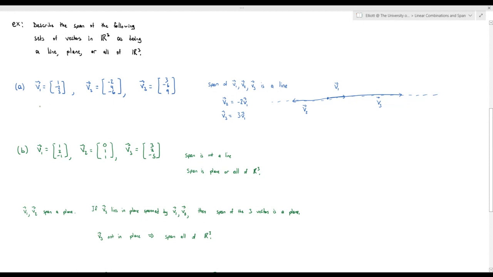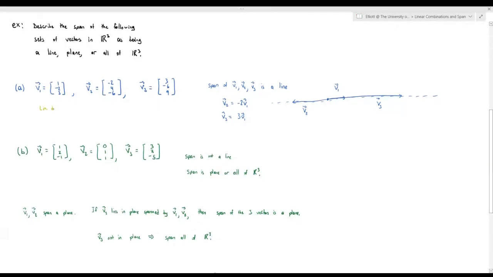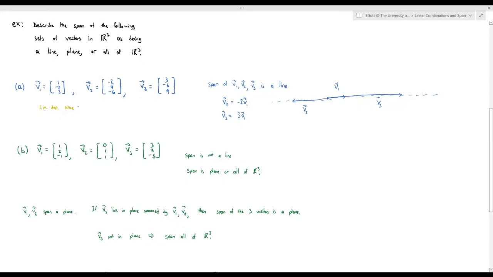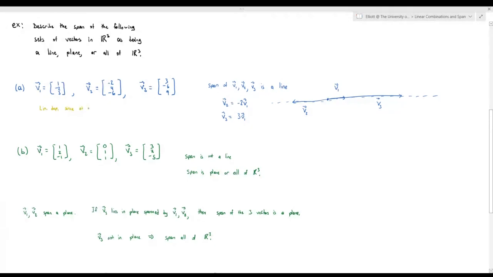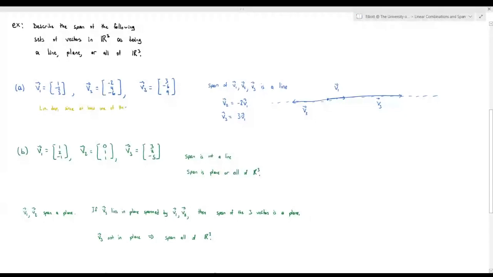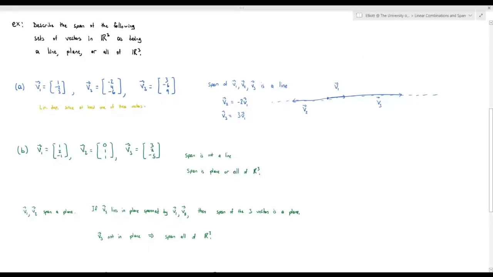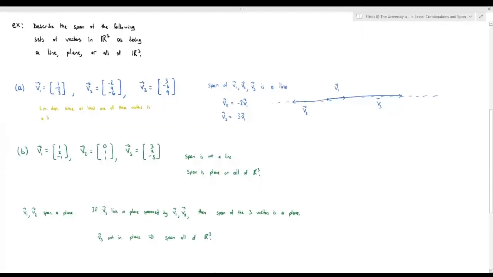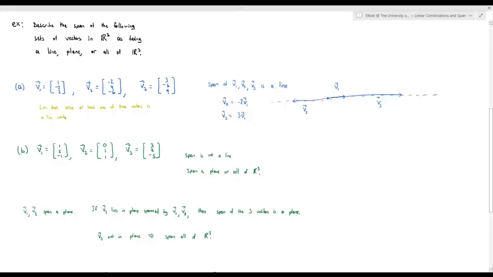So these three vectors would be linearly dependent, since at least one of these vectors is a linear combination of the other ones. Again, v3 being a linear combination of v1, for instance.